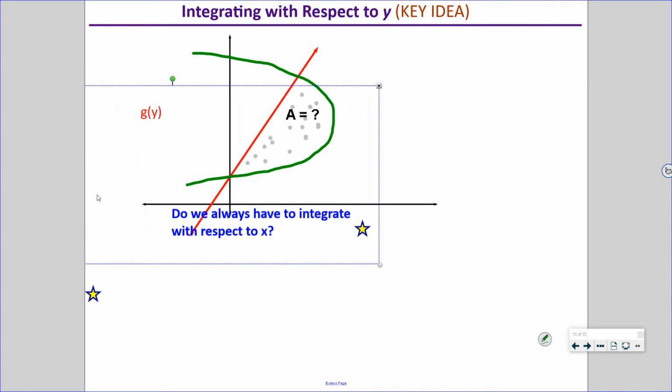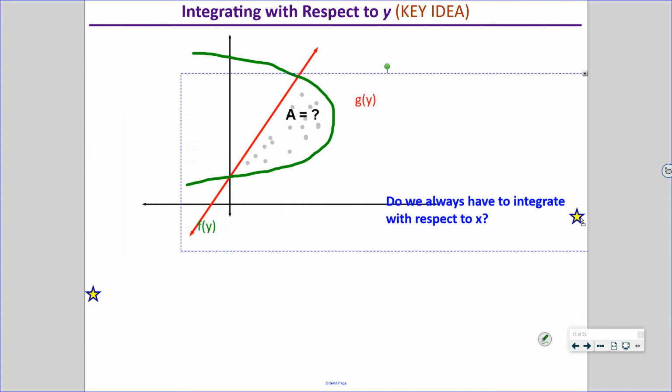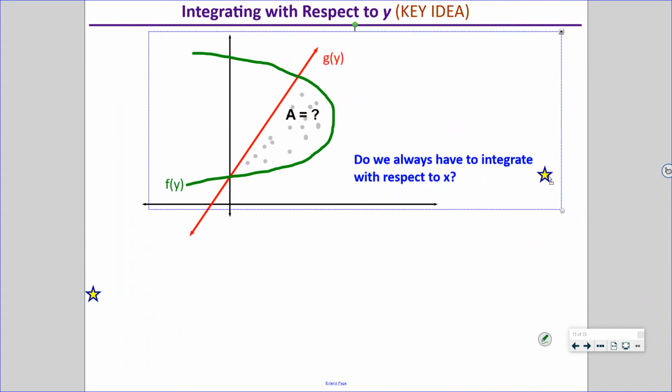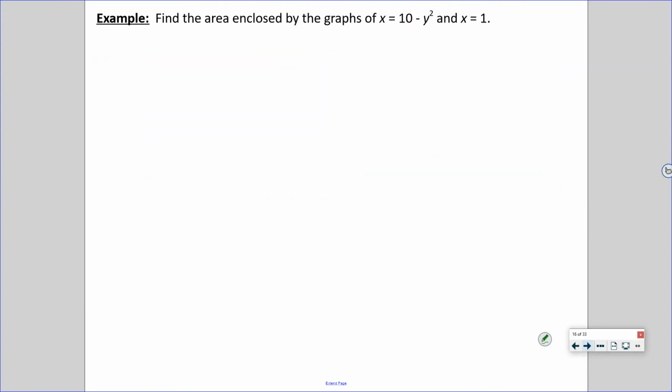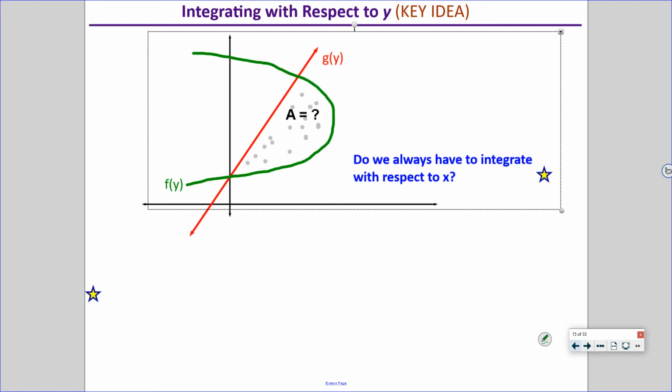this question asks, do we always have to integrate with respect to x? Sometimes our equations are given to us like this, explicitly solved for x, so in terms of y. The answer is no, especially in this type of situation, we can integrate with respect to y.